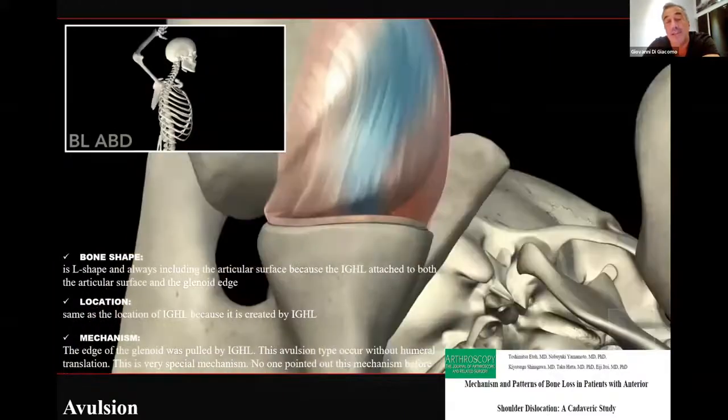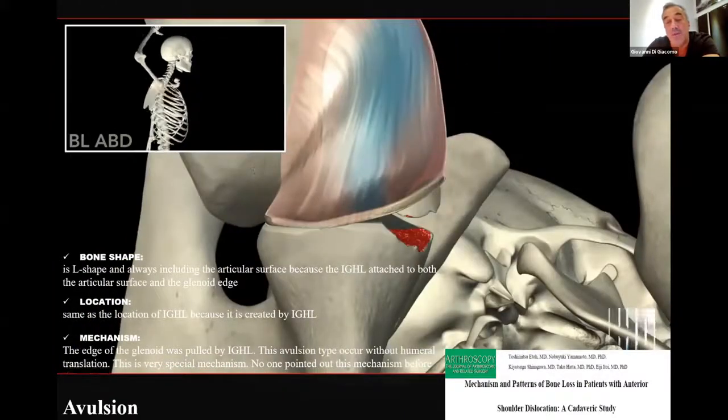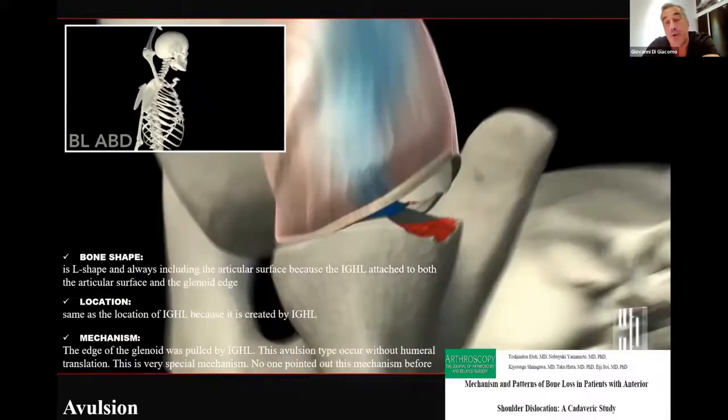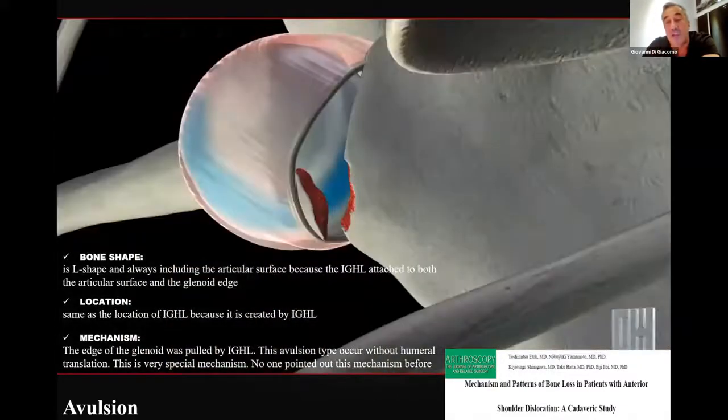It means that this shoulder became very weak from the stability point of view and very prone to have dislocation even with subtle trauma. Sometimes your patient explains to you that they dislocated the shoulder not because of a huge trauma, but because of a small trauma. So you have to investigate if they have this kind of avulsion lesion.